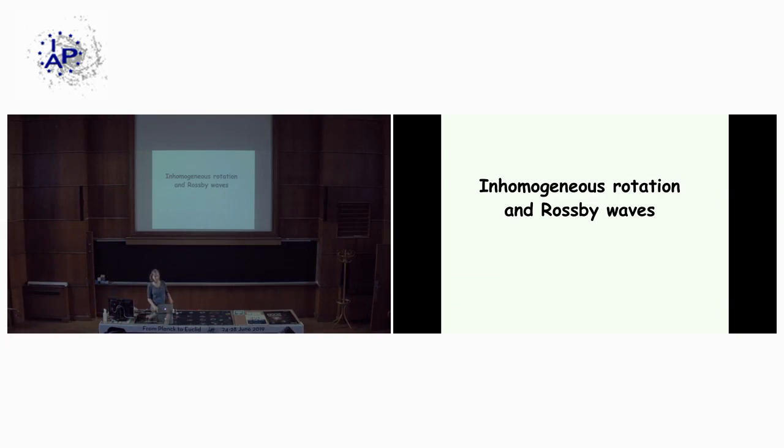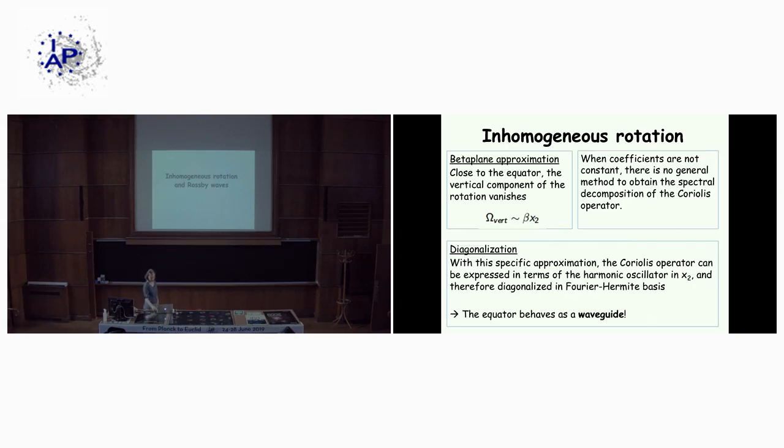Okay, so the first thing that I will discuss is this inhomogeneous rotation, which is of course important, and we will see that this will generate very important effects close to the equator. So, if you look locally at the rotation vector, you see that it depends on the latitude.